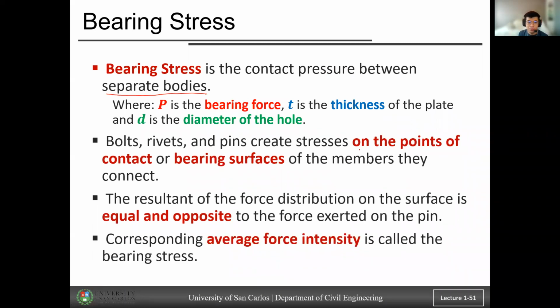Okay, so bolts, rivets, and pins create stresses on the points of contact or bearing surfaces of all members they connect. So what this means is that it's not only the bolts that are experiencing stresses, but also the joints, the members that they connect.